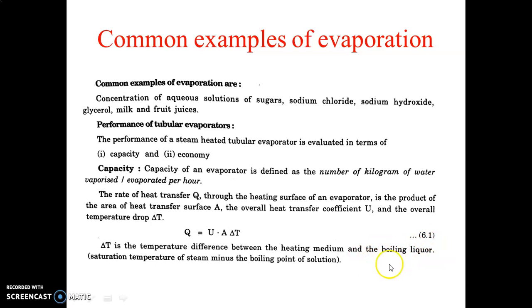Liquor means solution. So delta T is the difference between the heating medium temperature and the boiling temperature. You put in all these values, and from that we can calculate Q.